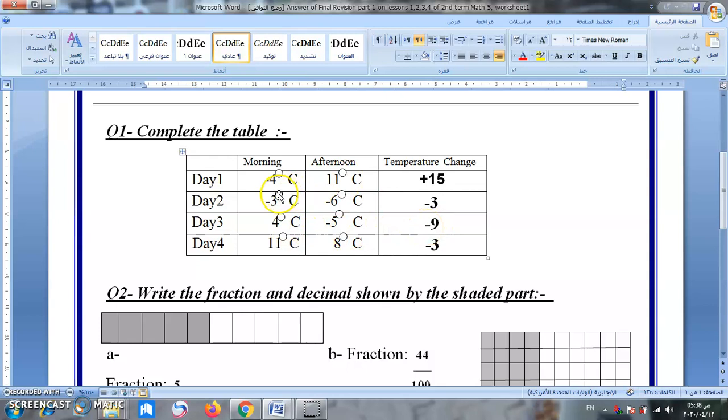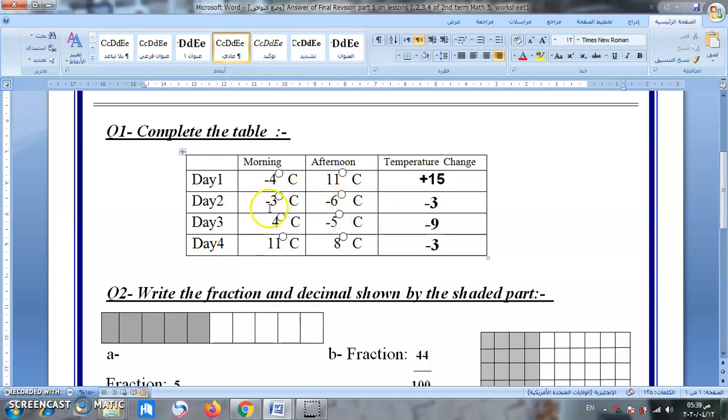Okay, so what about number 2, day 2? We have -3 and -6. Here we have the same mark, negative and negative. Also, we said if we have negative and negative, we don't add, we subtract, بنطرح يا شباب. Okay, so when we subtract 3 from 6, we have 3.